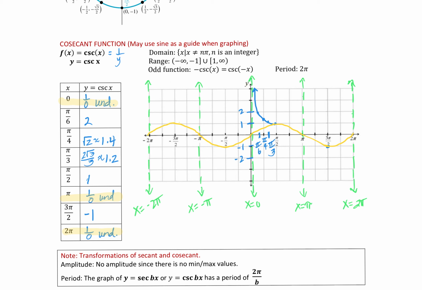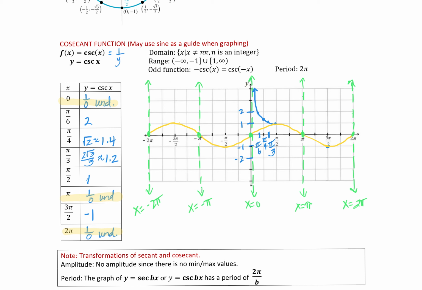Since it's a reciprocal, what you'll notice is that wherever the sine function is 0, that's where our vertical asymptotes happen. So notice that at negative 2 pi, negative pi, 0, pi, and 2 pi, these are all our vertical asymptotes, and they all happen where sine is 0. But reciprocal means it's going to do the opposite.